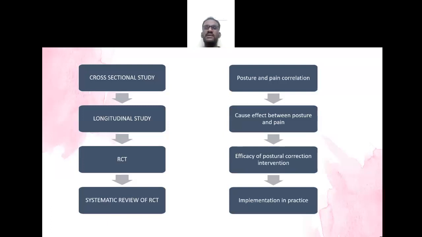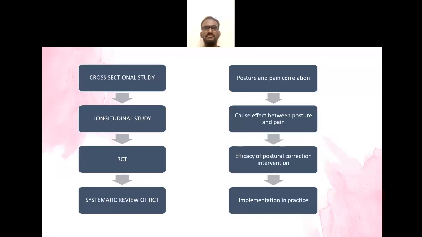This is what we have implemented. This is why, whenever there is a critical review on posture and pain correlation, people are not in favor of this. When people ask for evidence, they expect all these processes. It is not just a systematic review or some meta-analysis per se.